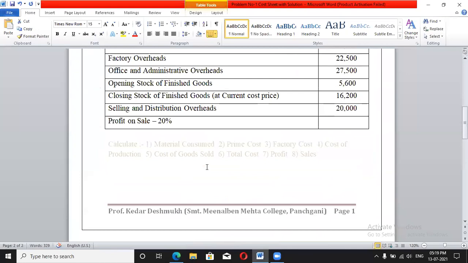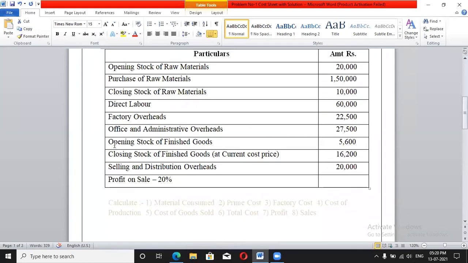What is given? The next item given in our example is the opening stock of finished goods. This is the stock of finished goods at the beginning of the year, the opening date of the year.